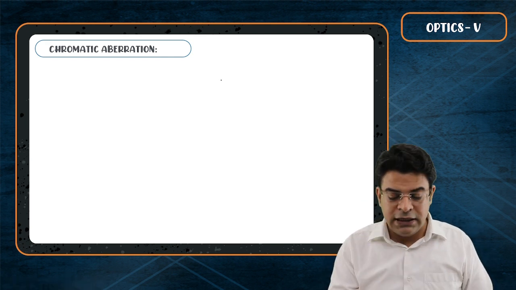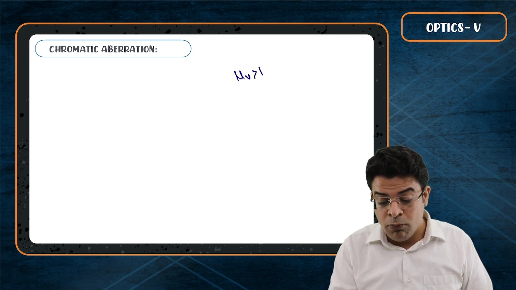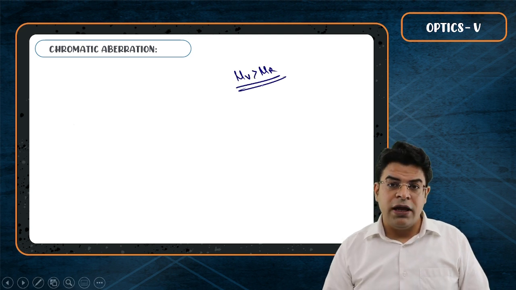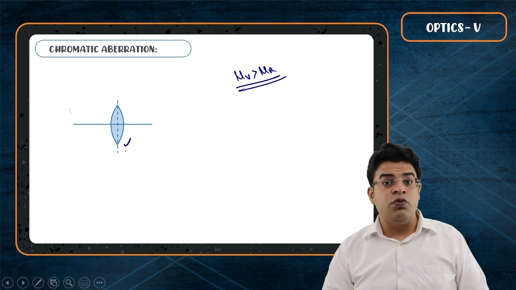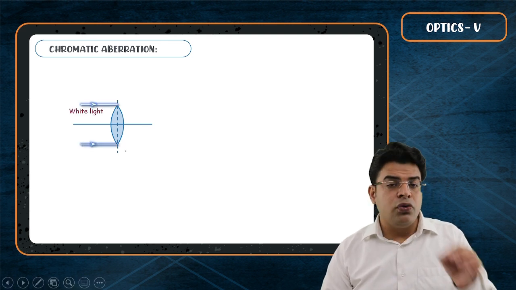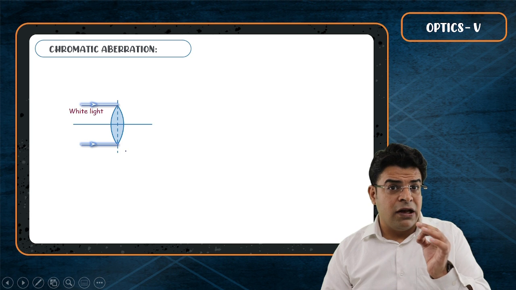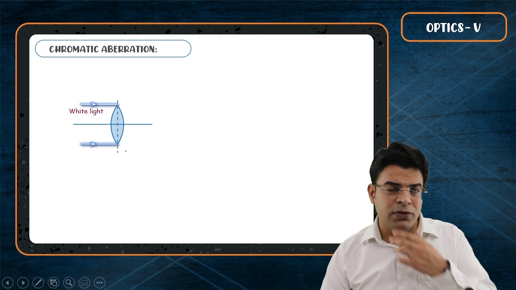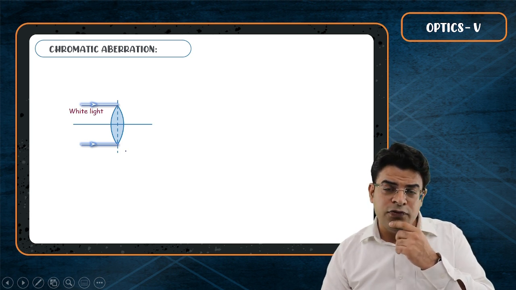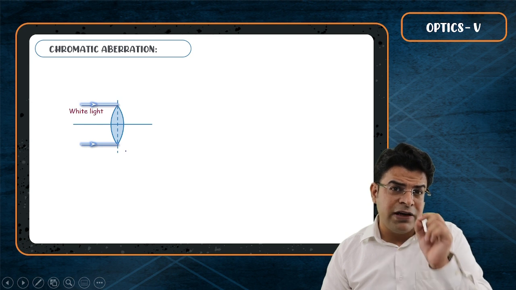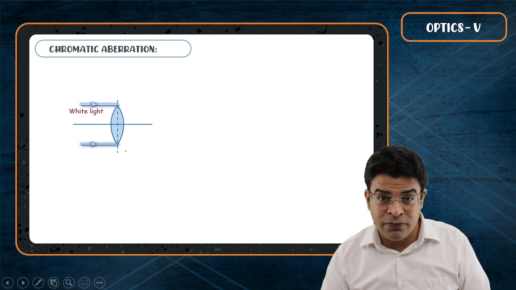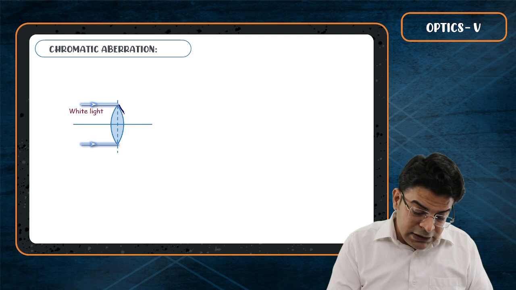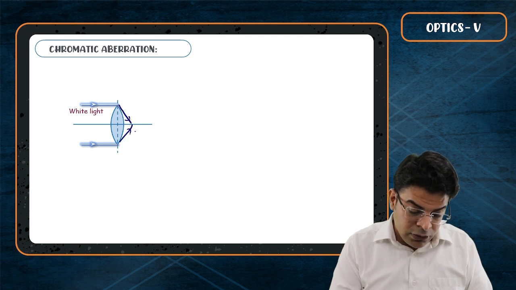And do understand that for violet, the refractive index is more than red. So if you take a lens and shoot white light on it, guess for which color the power of the lens will be more. The power of the lens will be more for the color for which it has the greater refractive index. So violet gets converged the closest and red gets converged the farthest.